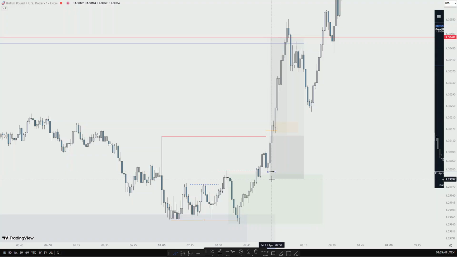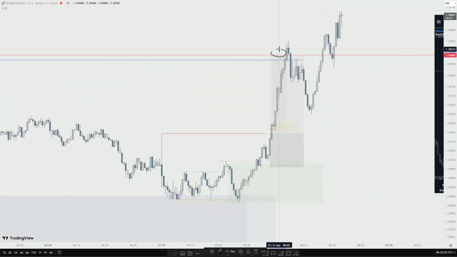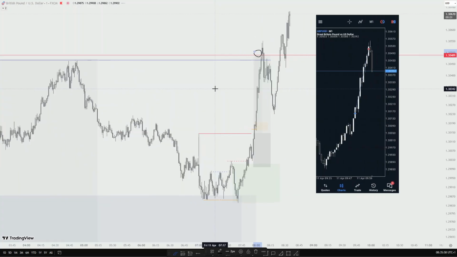So I kept a 2 pip SL buffer behind this candle, and my target was just the red line, which was the Fibonacci liquidity.